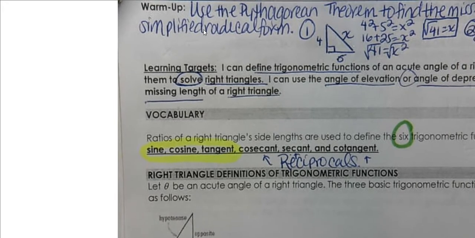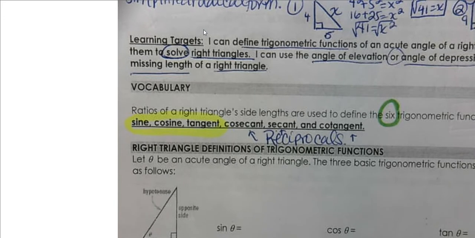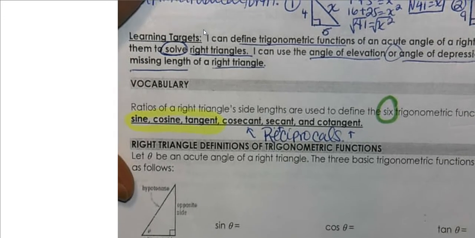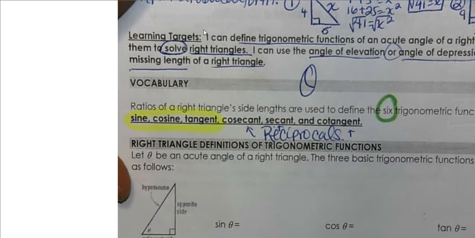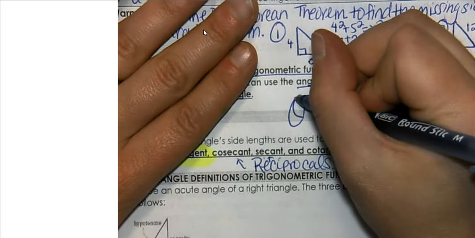So let's go ahead and recap what we already know about right triangle definitions of trigonometric functions. So first thing, we're going to let theta, which if you want to practice drawing that, is essentially the letter like a cursive O, but with a tail that's going on the inside. So this is known as theta.